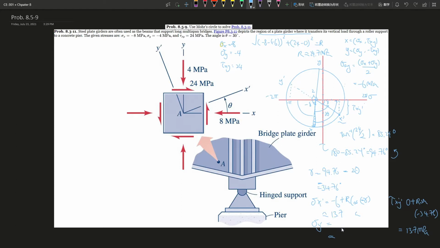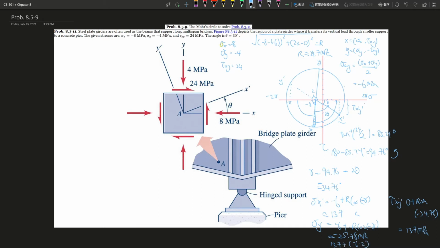It would just be negative 6 plus the negative cosine of gamma. So this is plus, this is minus, and it's going to go all the way here, which is 25.78 megapascal negative. One is plus, one is negative. Or you can just say 13.7 minus the change in the average, which is negative 6 times 2.